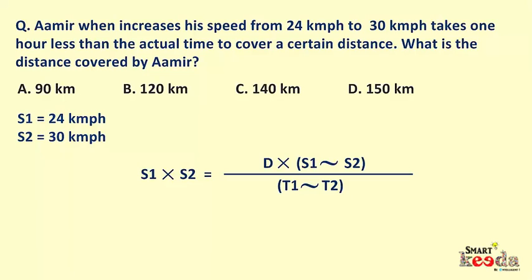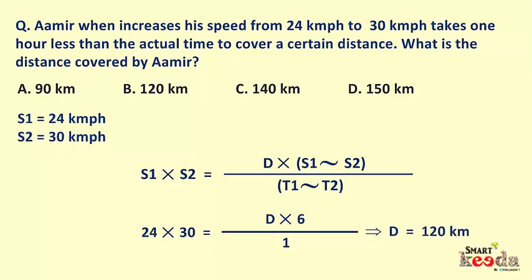So once again, on putting the values in the formula, we get 24 into 30 is equal to distance into difference of speed, which is equal to 6 km per hour, upon difference of time, which is equal to 1 hour. Now on solving the equation further, we get distance is equal to 120 km, and that's the answer. So wasn't it simple again?